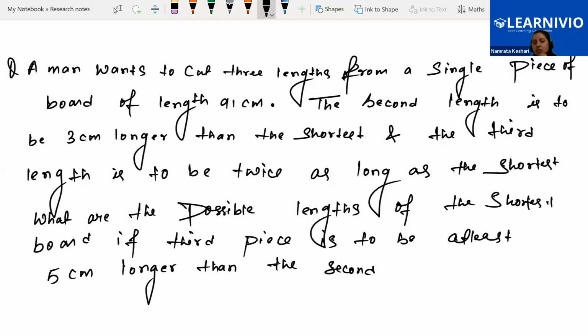Let's check what the question says. A man wants to cut 3 lengths from a single piece of board of length 91 centimeter. So there is a board whose length is 91 centimeter.